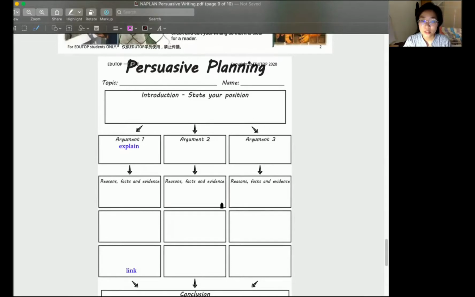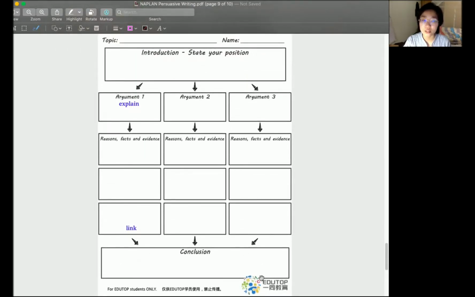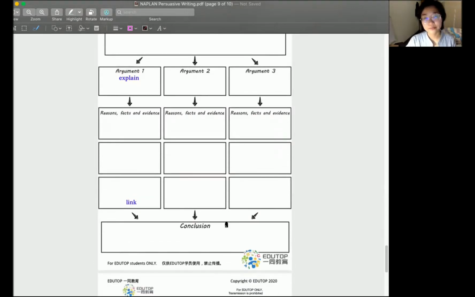You can think about why it's a good thing to keep them in cages. And in conclusion, you can still support your idea that keeping animals in cages is cool, right? It doesn't make your argument sound weird or less convincing. It just shows us you can see the whole picture on both sides, right?